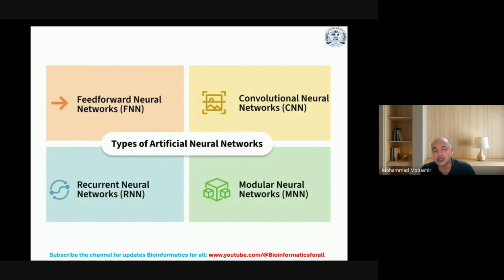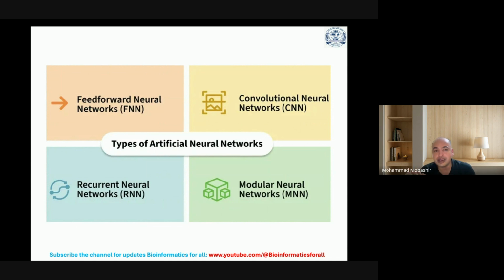Now, there are different types of neural networks. These four types are not the limited types or subtypes of artificial neural networks. If you update or rearrange the combinations of the neurons or artificial neurons or nodes in different ways, then these four types could be converted into different subtypes also.